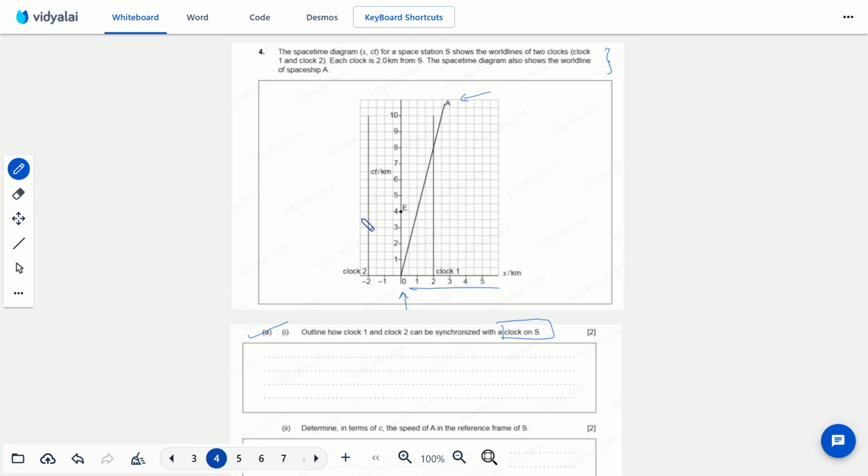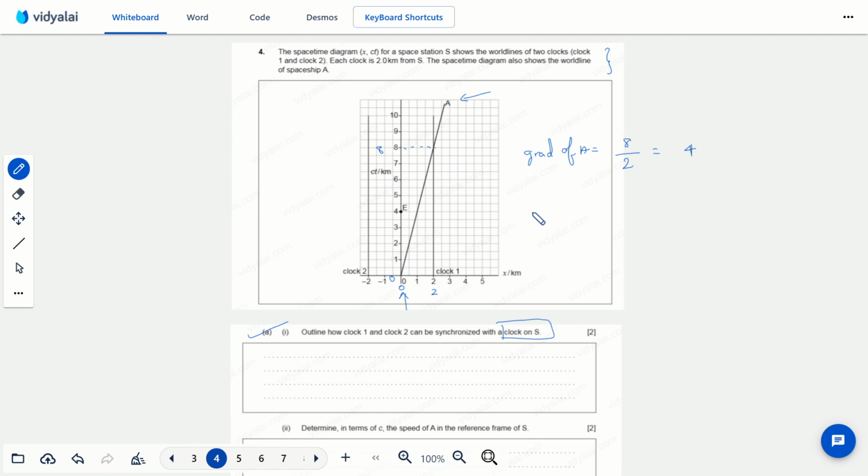In order to find the gradient, we first have 2 points on the vertical axis: 8 and 0. What about 2 points on the horizontal axis? It's 0 and 2. So the gradient of the world line of A is 8 divided by 2, and it comes out to be 4.